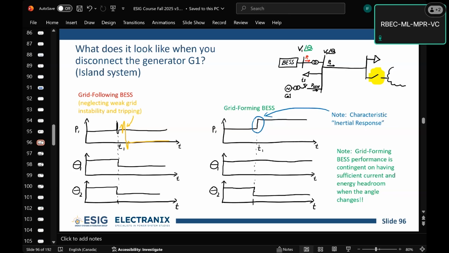Now, notice right at that T1 moment, it's not exactly constant. It's got a little blip there. And the reason for that is a pure grid following device is trying to hold its P1 constant, but how does it do that? It does that by tracking the phase angle of the system and using its very, very fast PLL to track the phase angle.